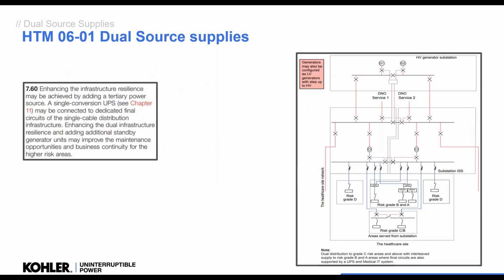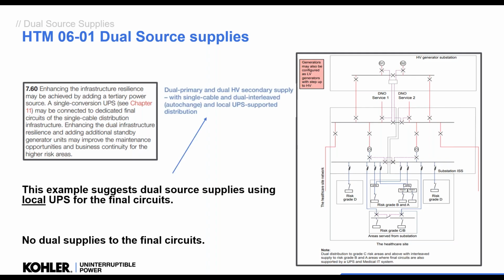Okay. Now, it says that we can enhance the infrastructure resilience by adding a UPS, and a single conversion UPS may be connected to the dedicated final circuits. Okay, so this is the example from there, and it shows dual source supplies using a local UPS.